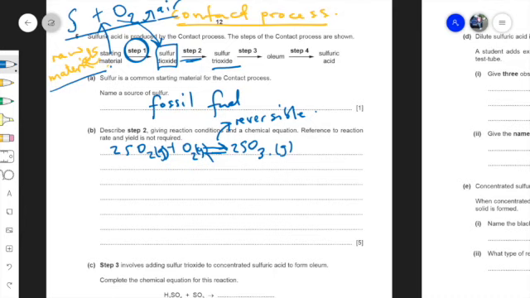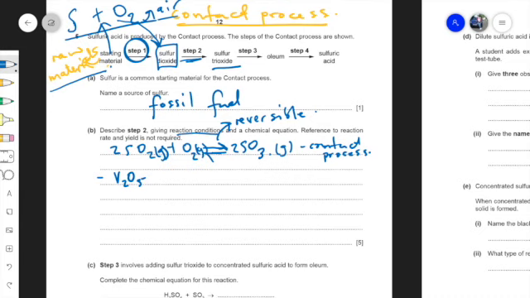Also remember that this is the reason why it is called the contact process, because the reaction must happen in contact with a catalyst, and the catalyst is vanadium(V) oxide. So remember that that's the catalyst that is used. And the question says describe by giving the reaction conditions.